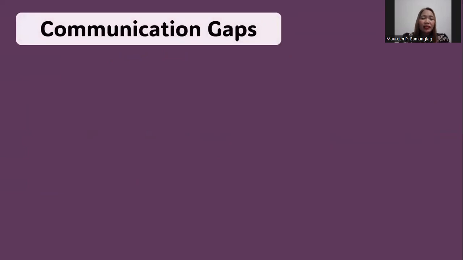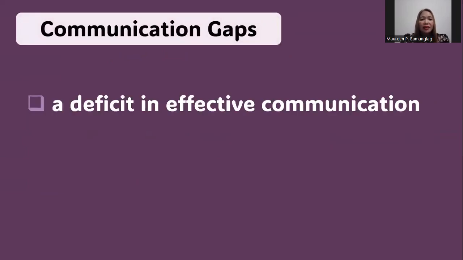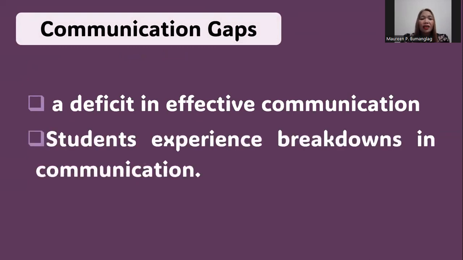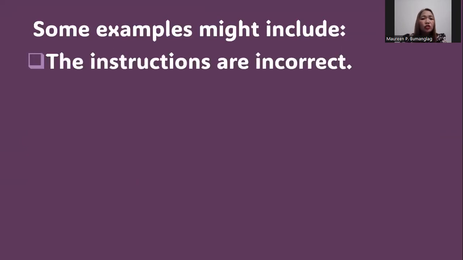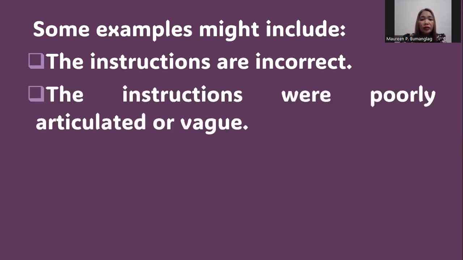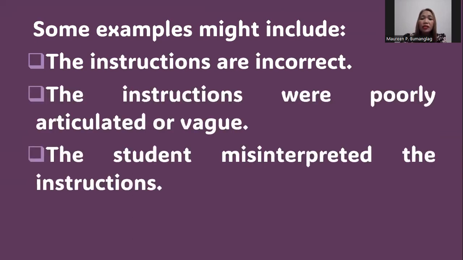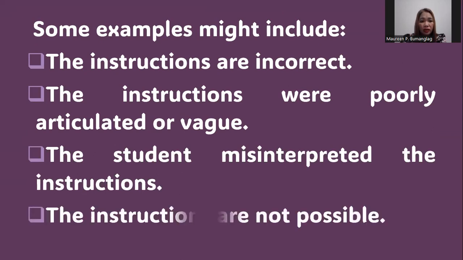The next one is the communication gap. It is a deficit in effective communication. It is when a student experiences a breakdown in communication. Some examples might include: the instructions are incorrect, the instructions were poorly articulated or vague, the student misinterpreted the instructions, or the instructions are not possible.